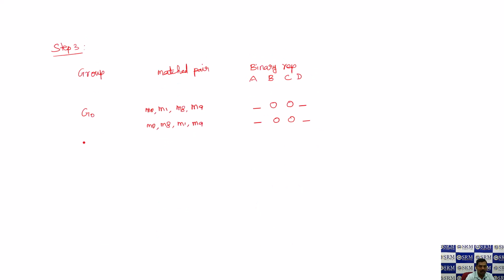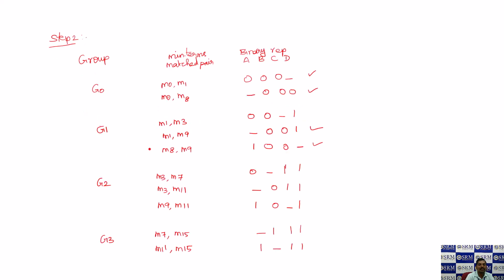Now for group 1, at step 3, this entire thing M1, M3, M1, M9, M8, M9, all three matched pairs can be compared with M3, M7, M3, M11 as well as M9, M11. Okay, let us see M1, M3 with M3, M7. It is not one bit varying.